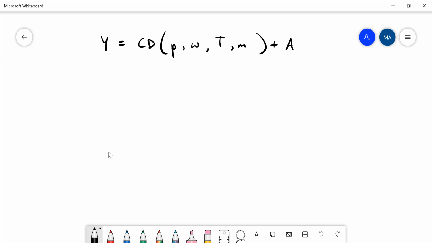So once again, you have that. For the zero profit condition, you have this, right? But now the price of value added will depend on T, right?